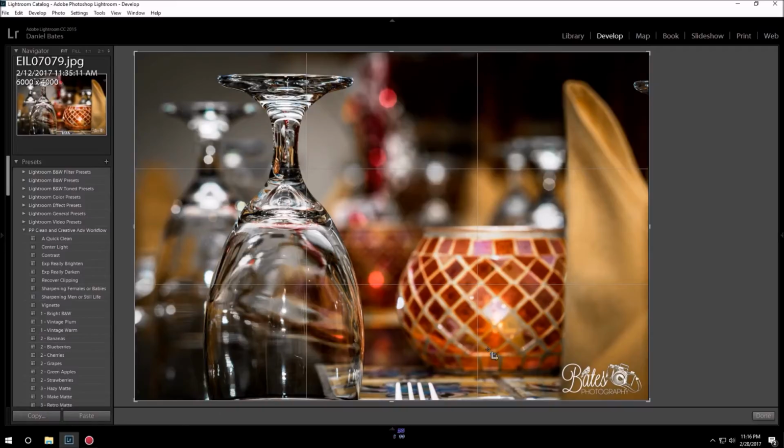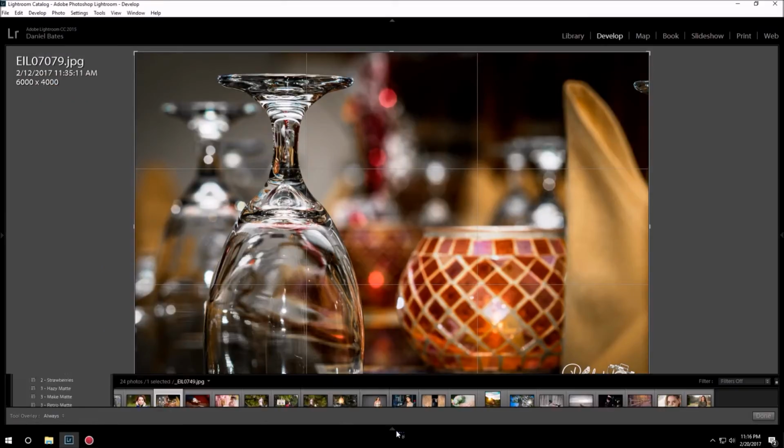And all of these out of focus elements, they're interesting because you understand instantly we're dealing with a table, possibly a ritzy restaurant or a wedding or something like that, but your eye goes right to this crystal clear part of the glass, and it happens to be right on that rule of thirds left hand vertical line. Okay, so we're moving on.